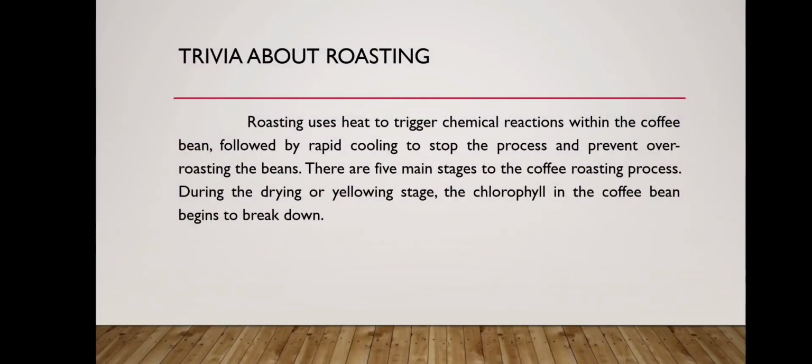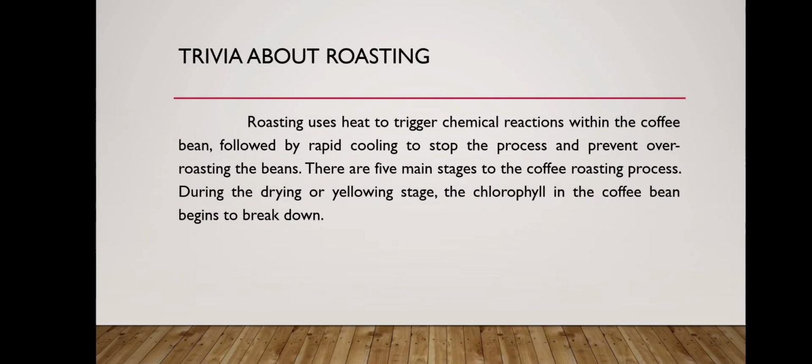So, trivia about roasting. Did you know that roasting uses heat to trigger chemical reactions within the coffee bean, followed by rapid cooling to stop the process and prevent over-roasting the beans? There are 5 main stages to the coffee roasting process.